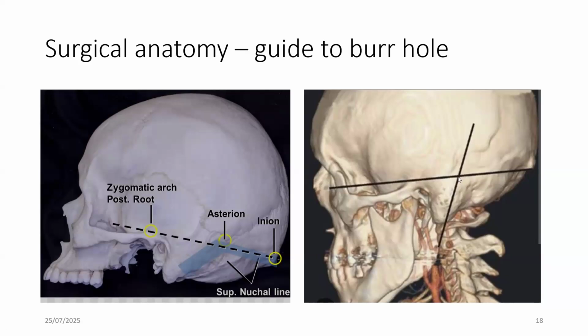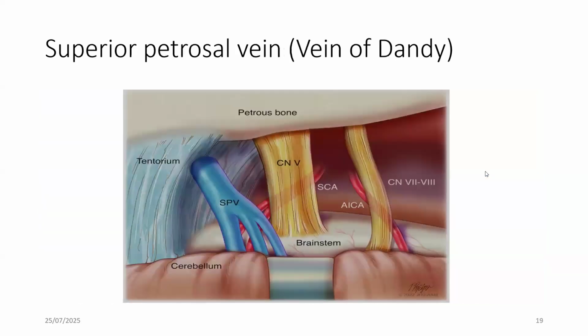So the first borehole can comfortably be made just inferomedial to this point. It's also good to note that the posterior end of the line, the iniozygomatic line, also corresponds to the distal part of the transverse sinus.